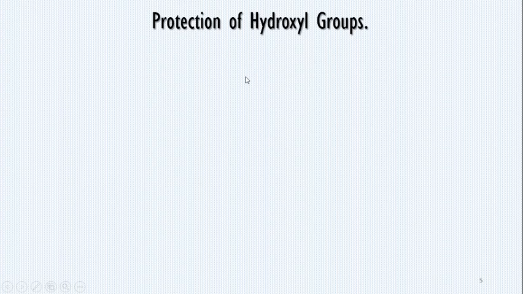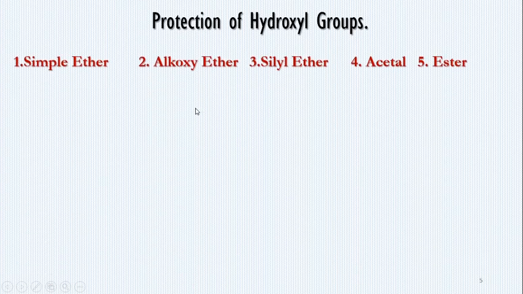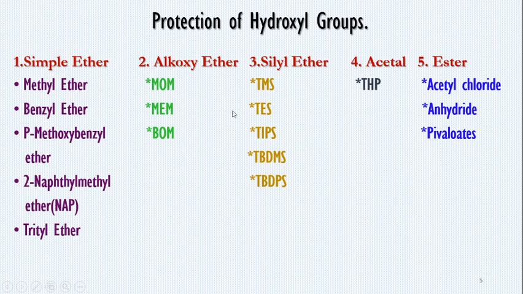First, the protection of the hydroxyl group. It can be done in five ways. The hydroxyl group is converted into a simple ether, then an alkoxy ether, then a silyl ether, then an acetal, or esters.